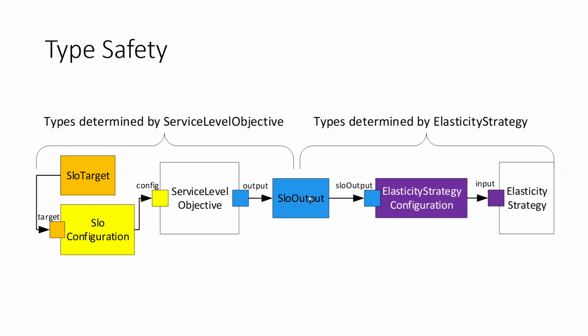And this would then, of course, only be usable with elasticity strategies that support this as input, which, since the application is a very complex one, makes perfect sense because the elasticity strategy needs to take into account how this application can be scaled. But the goal is, of course, to use generic SLO output types as much as possible so as to allow as many SLOs as possible to be used with as many elasticity strategies as possible.